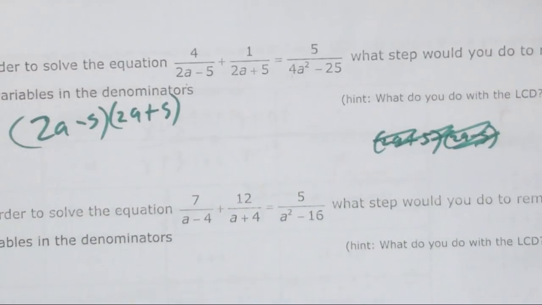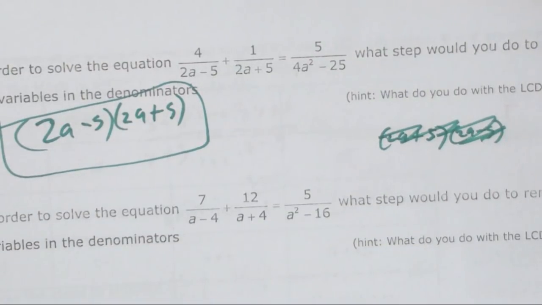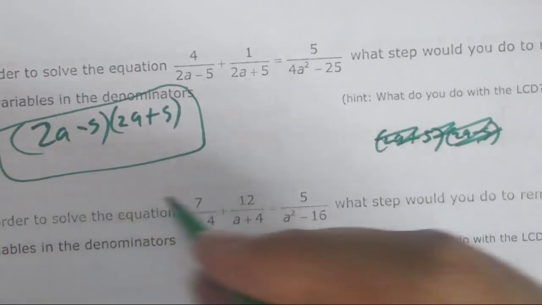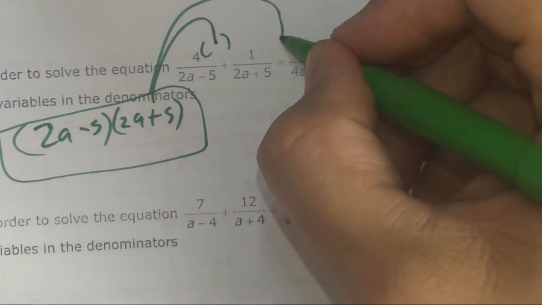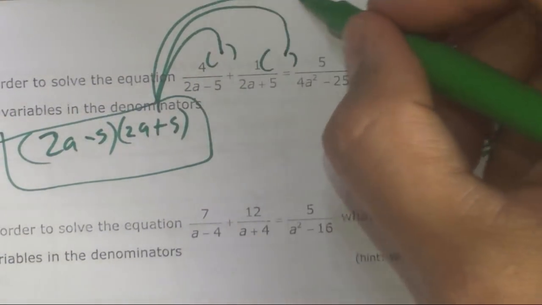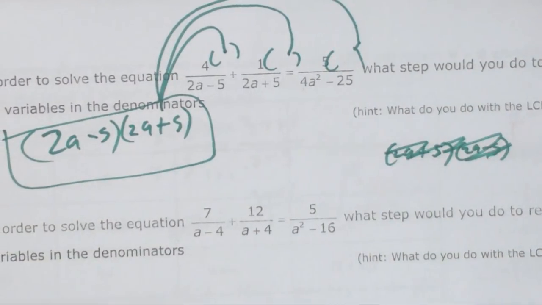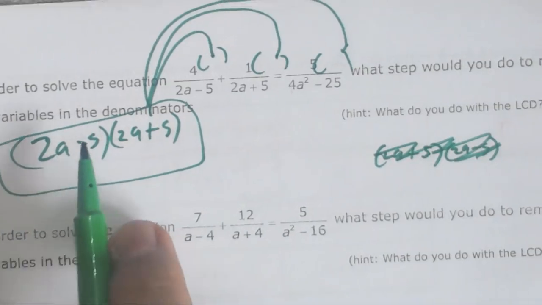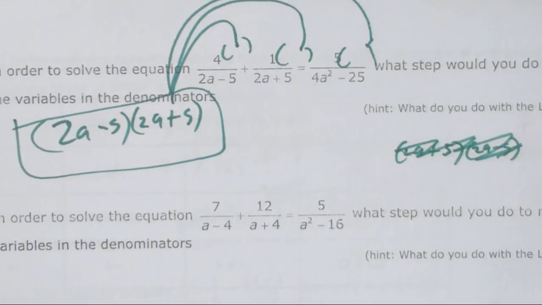This is my least common denominator, so I need to multiply all my terms by my least common denominator. So this is going to need to be multiplied here, here, and here. Multiply all the terms on both sides of the equation by 2a minus 5 times 2a plus 5. That's the first step.